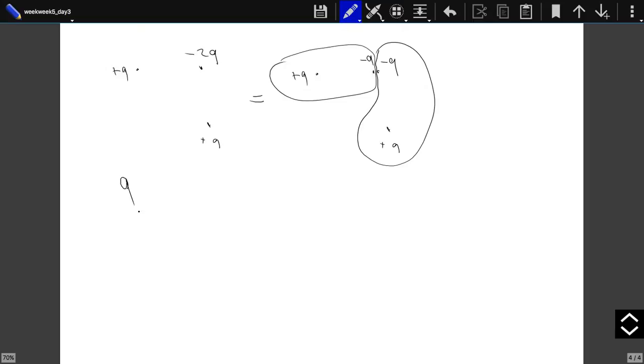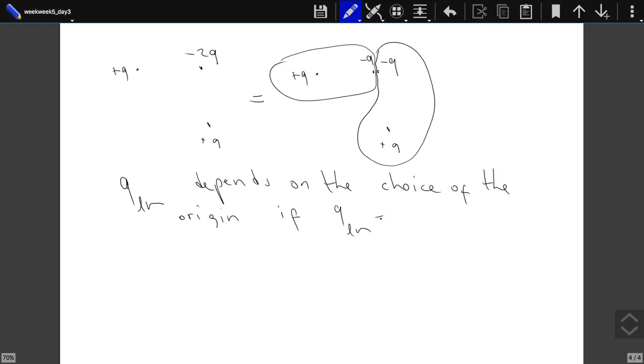So Q_LM depends on the choice of the origin if Q_L'M' is non-zero for some L' less than L. For the dipole, the lower moment is the monopole, which is the total charge. So if total charge is zero, then the dipole is independent of the choice of the origin.